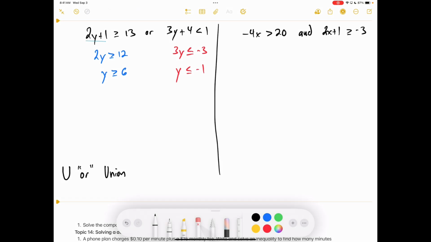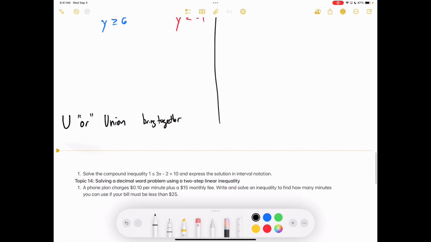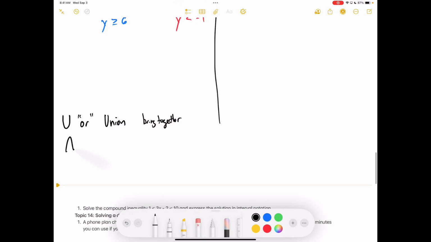Oh, I'm sorry. There. Is that what you mean? Yeah. So the union, the or, what I think about is that union means marriage. It means bring together. So it's like everything, you bring it together. The symbol they use for intersection, or and, is this one.